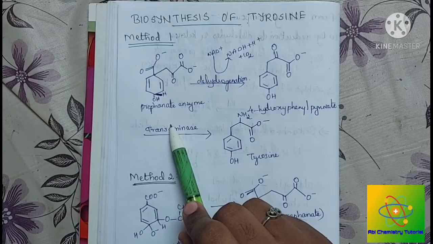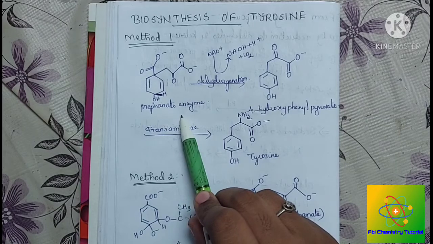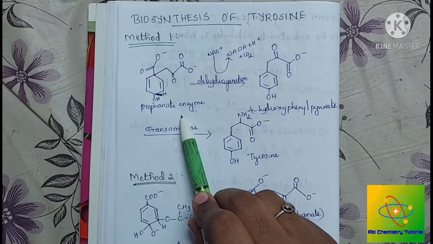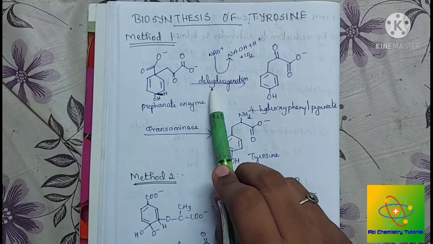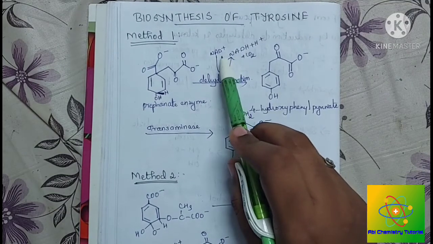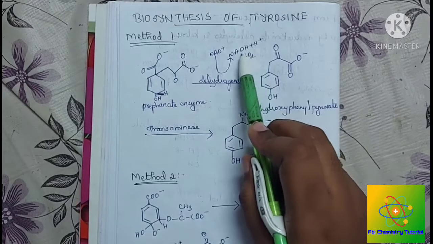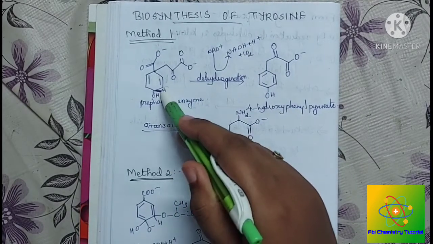So the first method is the prephenate enzyme. Since an enzyme is a biological compound present inside the body of living organisms, we say this is a biosynthesis. So prephenate on dehydrogenation by the action of NAD plus, one hydrogen is removed. Here you can see one hydrogen, so this hydrogen is removed.